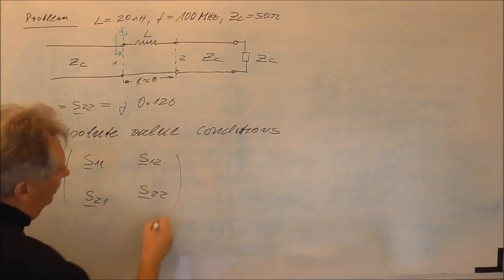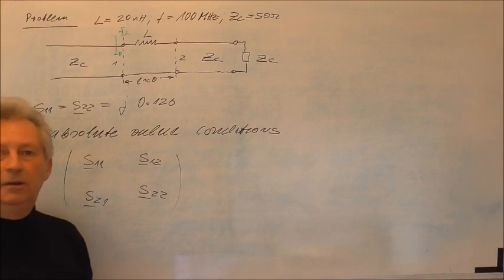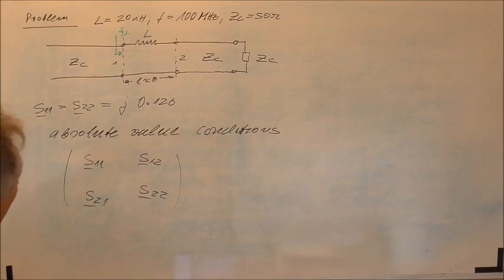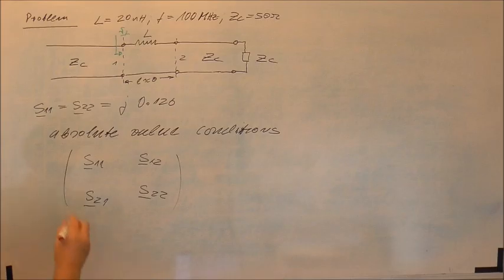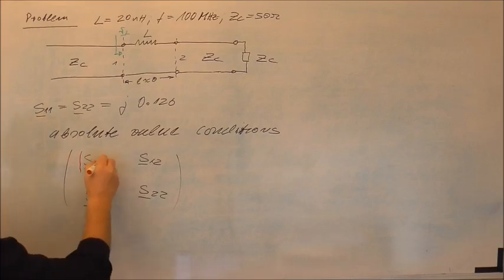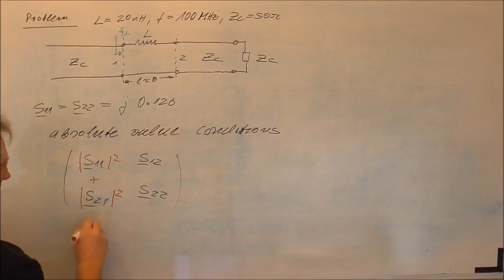This is the general S matrix which describes a two-port. But if I have the absolute value conditions, you should remember that you just have to take the absolute value of this plus the absolute value of this, and this must be 1.